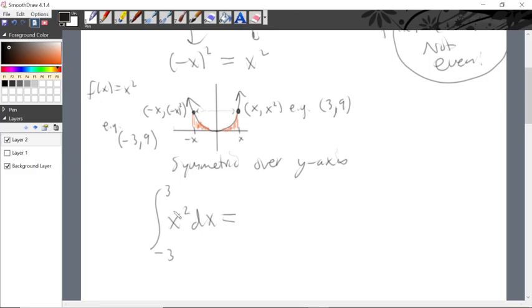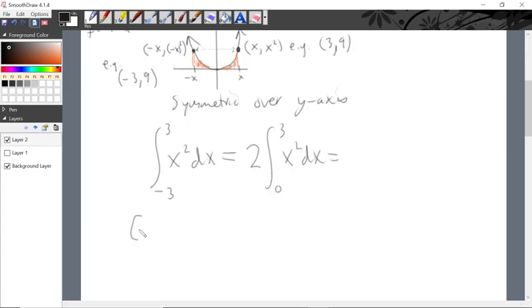So from -3 to 3 of x squared dx, that's 2 times the integral from 0 to 3 of x squared dx. Notice how that's true from the graph, and it's true because this interval from -3 to 3 is symmetric about 0. So note that -3 to 3 is a symmetric interval over the value where x is equal to 0.